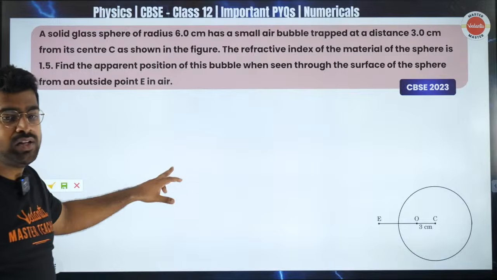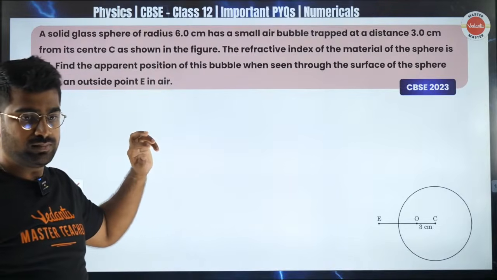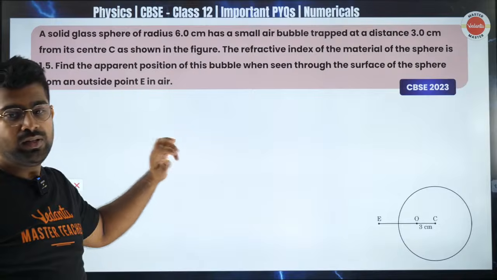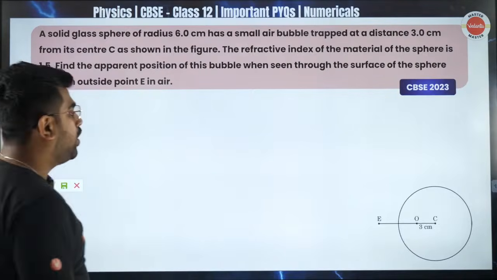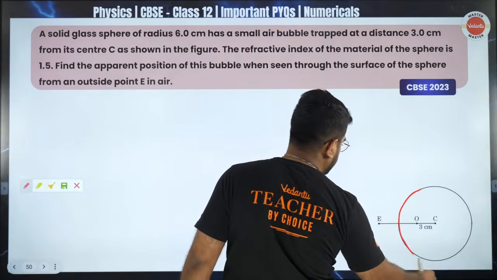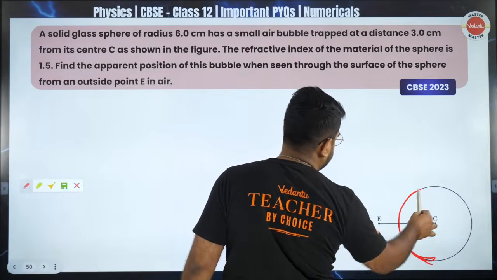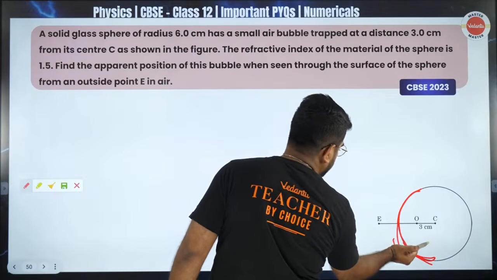So can you all try to solve this, everybody? The object is inside. This is the refractive surface, the surface where refraction takes place. So what is the object distance?